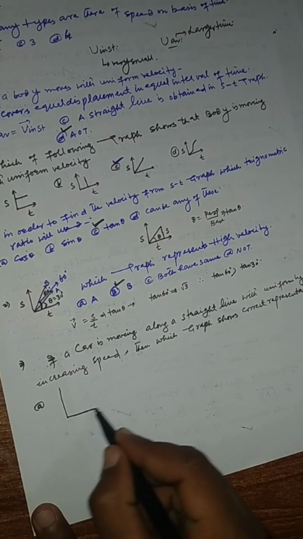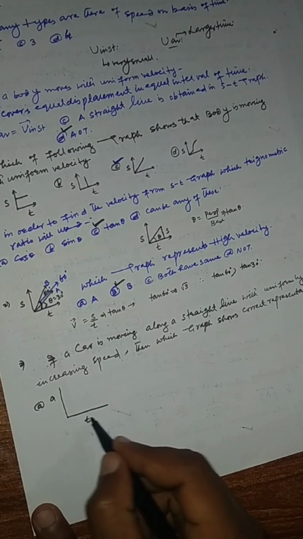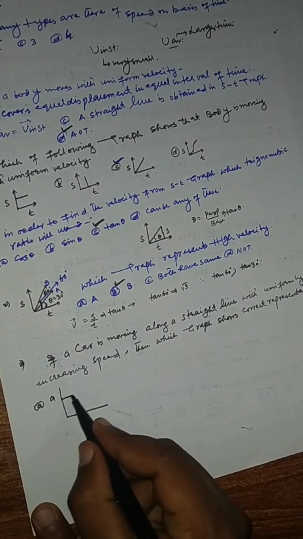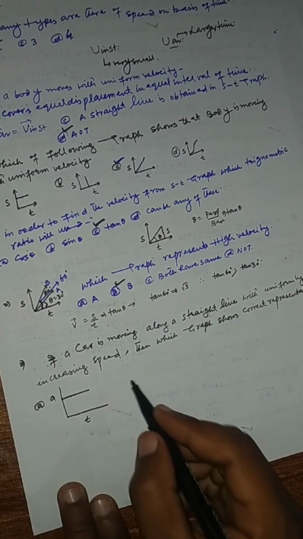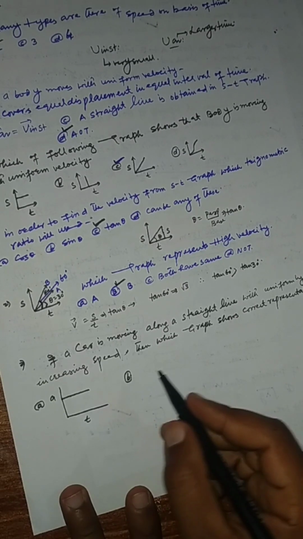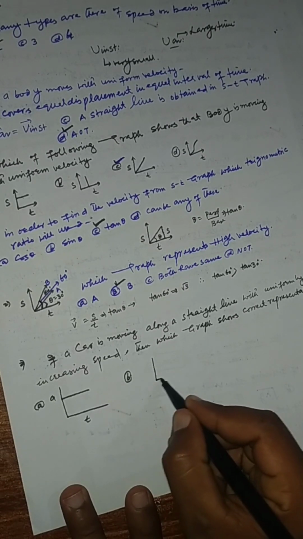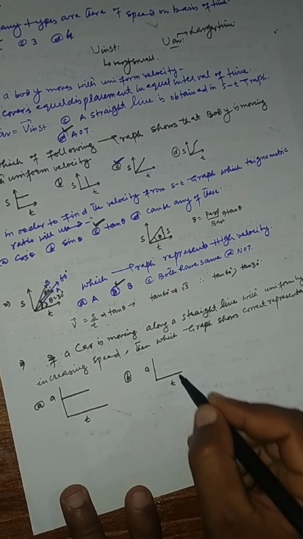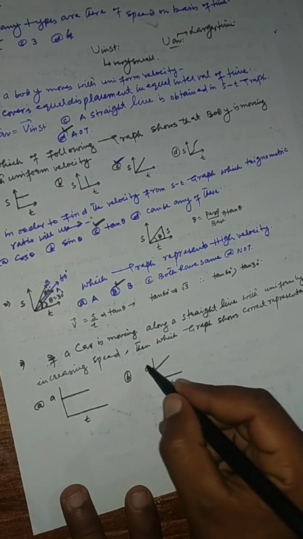Let's say the first graph is between acceleration and time, a horizontal line parallel to the time axis, or we may say acceleration and time.